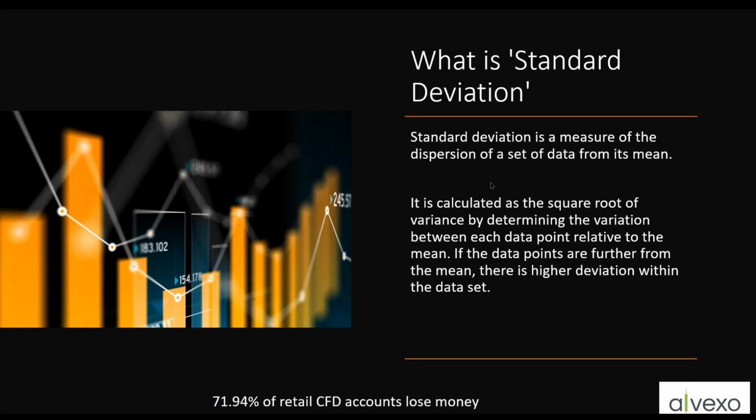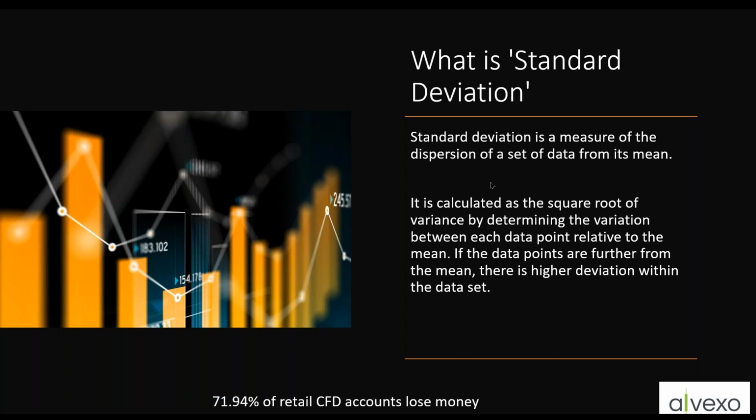If we were to say that standard deviation is the distance between the moving average and the open, the close, the high, and the low for that specific time frame, that would give you the standard deviation, because if the high was far away from the moving average and the close was close to the moving average, we have a different dispersion of that set of data.